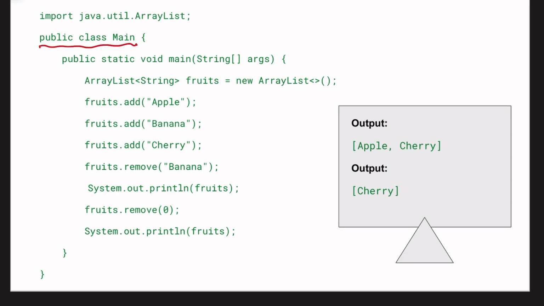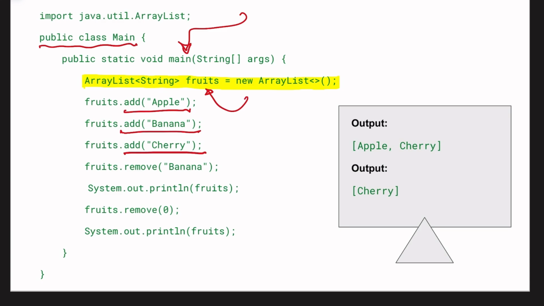In that class we have the main method and we have the array list fruits. This is the object which we have created of a list, and with the help of that we are adding apple, then banana, then cherry. After adding three elements, now in the list we have three elements, 1 2 3.